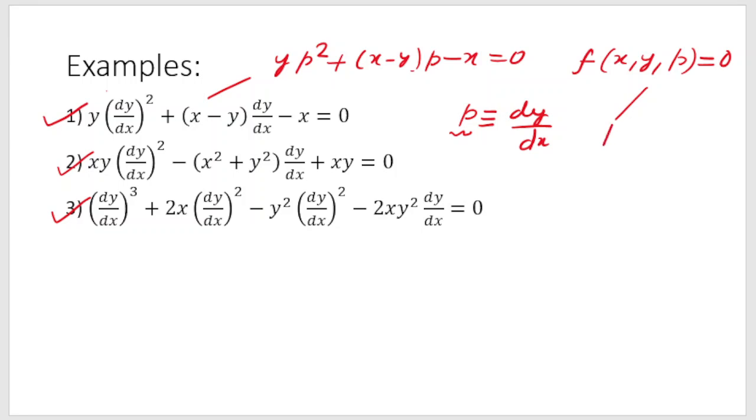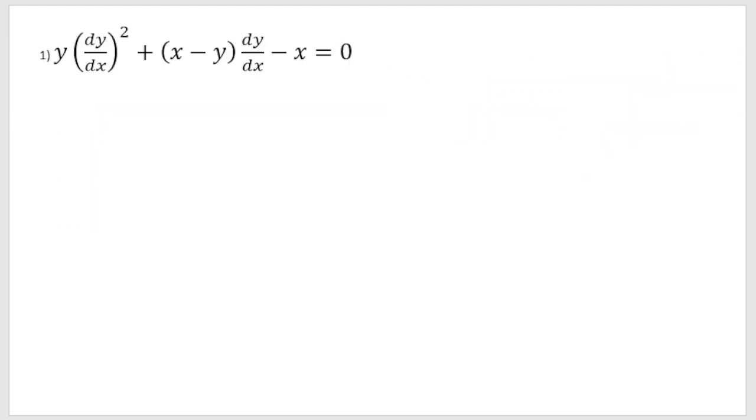So I will get the first value of p and the second value of p, and then I will separately solve this differential equation because p stands for dy by dx. So we can solve it separately and then combine to get the final solution. It might not have made sense to you, so let us look at these examples. I am going to solve all three examples that I have taken here, and it will be clear to you. So let us solve this.